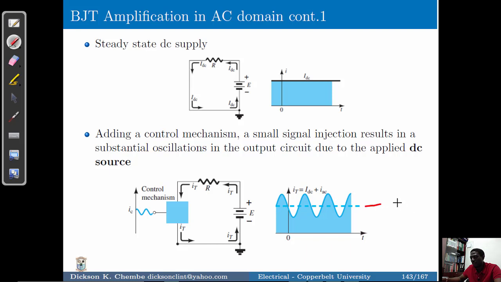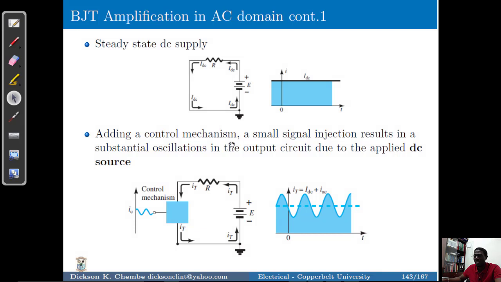So the total current then becomes a combination of the DC current as well as the AC small signal, which we've injected into the system from here. And this is how amplification occurs through a transistor circuit.